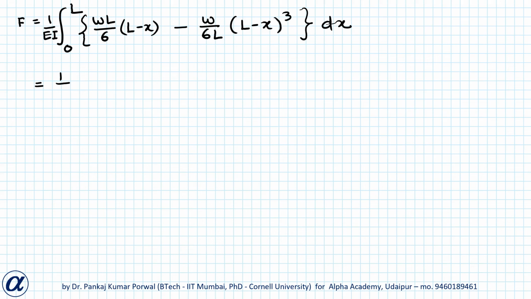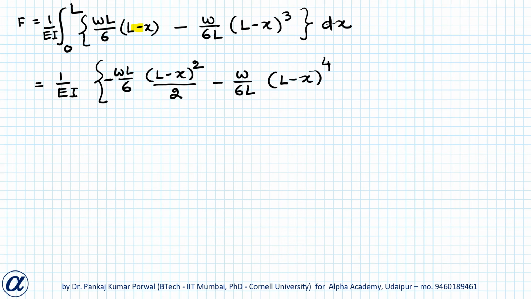This will be equal to 1 upon EI, and now I'll integrate WL by 6 into (L minus x) squared by 2, and there will be a minus sign because there is a minus before x, minus W by 6L (L minus x) to the power 4 by 4, and because there is a minus sign before x, I'll get a minus sign out. So this minus minus will become plus, and limit from 0 to L.